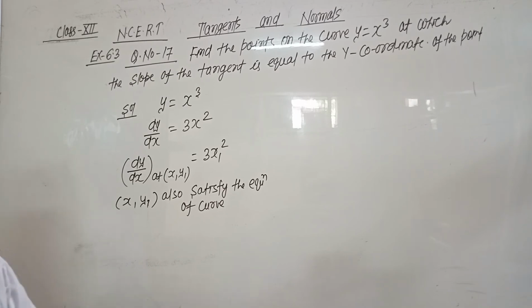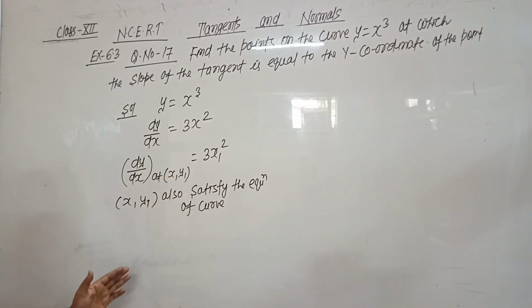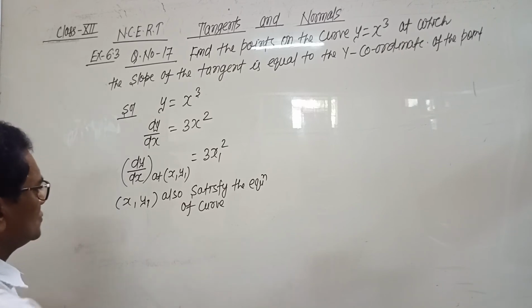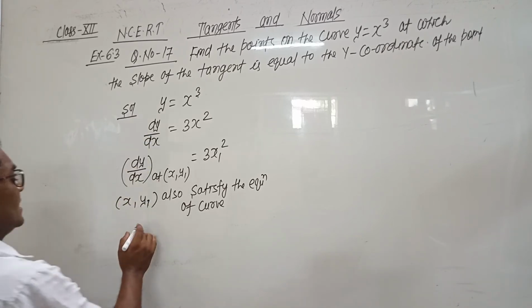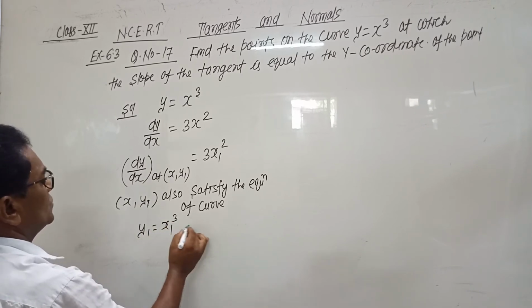Since the tangent touches the curve, the point (x1, y1) also lies on the curve. So this point satisfies the curve, meaning y1 equals x1 cube.